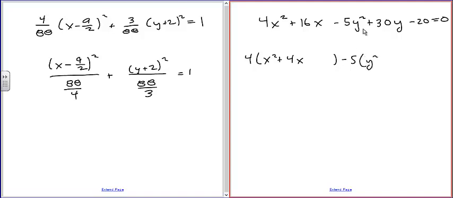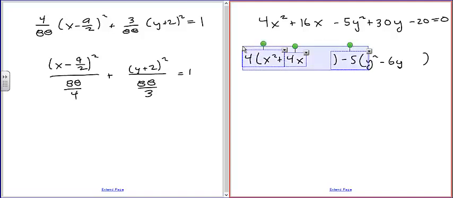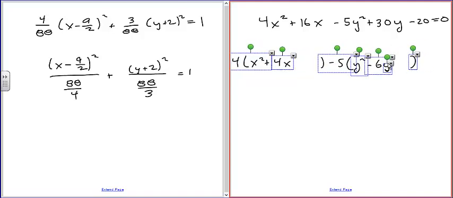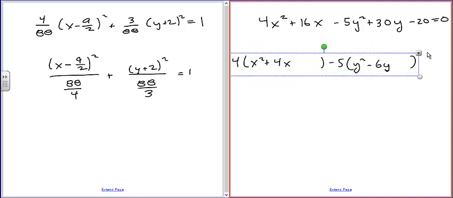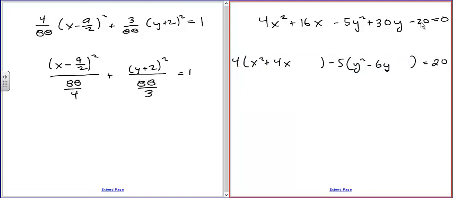So y squared divided by negative 5 is 1, and you divide 30 by negative 5, which gives you a negative 6y. I need to move it over a little bit because I'm running out of space on my screen here. And that's equal to 20. So this negative 20 comes to the right-hand side, becomes positive 20.